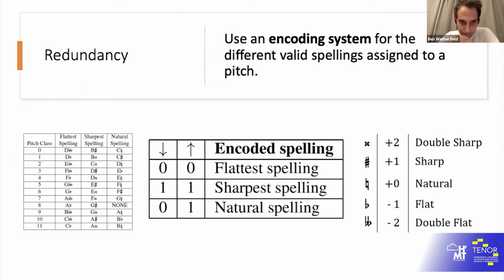For any white notes on the keyboard, the natural spelling is just with the natural accidental, which makes sense. And for some, it's somewhat arbitrary. You have to choose whichever one is left over. In the case of something like E flat, it's maybe a toss up between E flat and D sharp, but D sharp was already the sharpest spelling. So that's how the encoding system works.